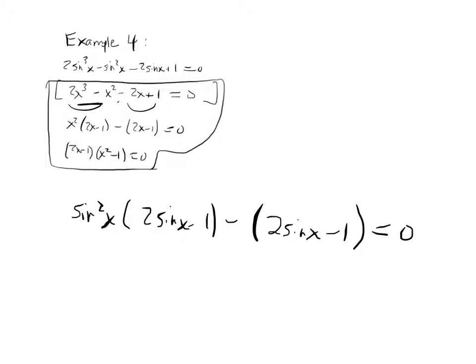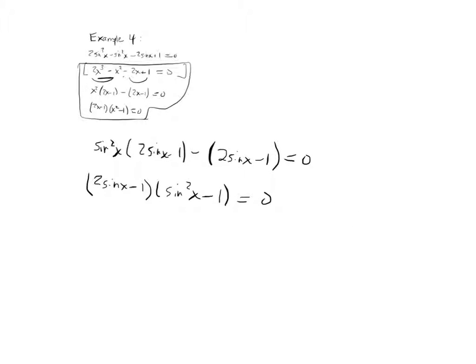Then what can I factor out of each of these two terms? A 2 sine x minus 1. So that's going to leave me a 2 sine x minus 1 times a sine squared x minus 1.